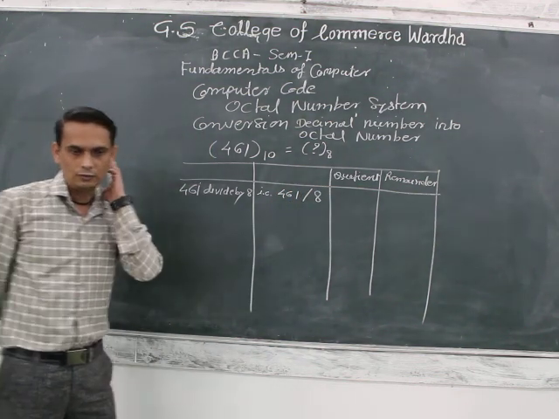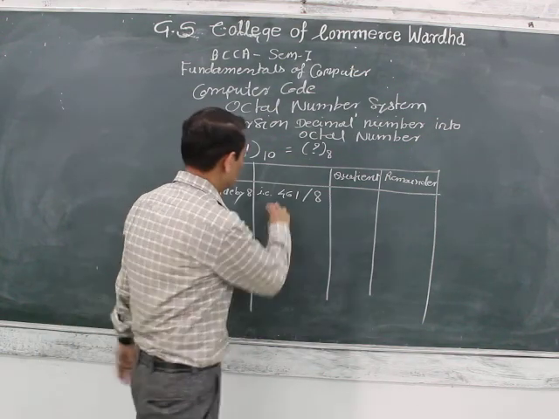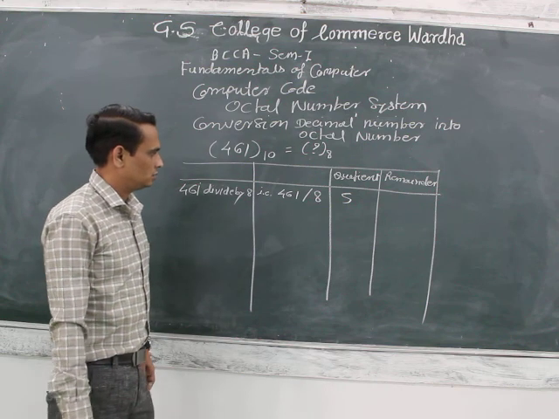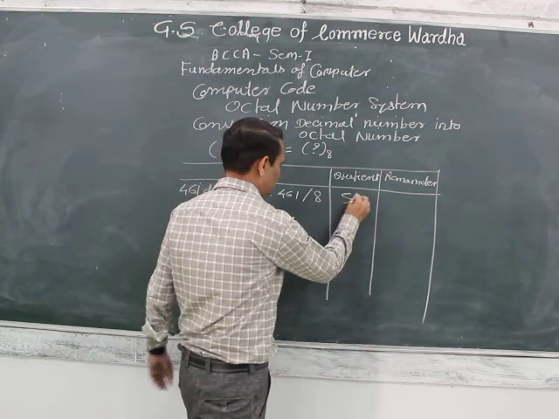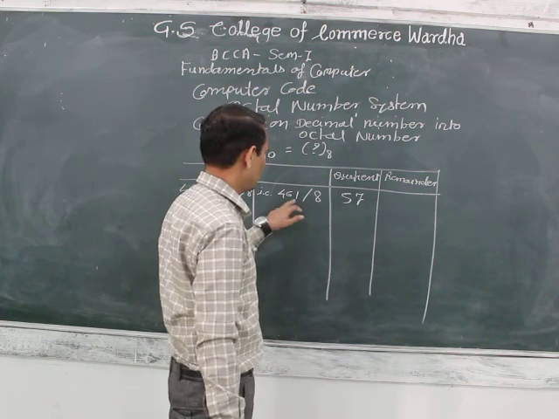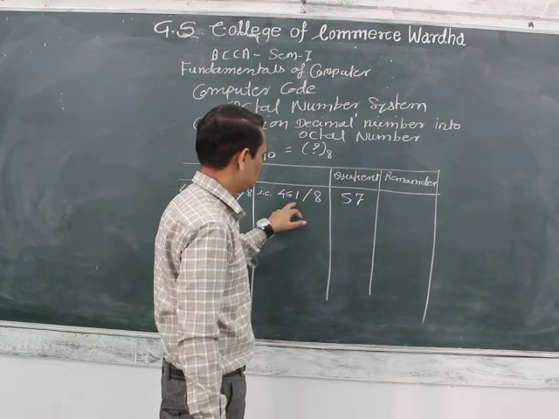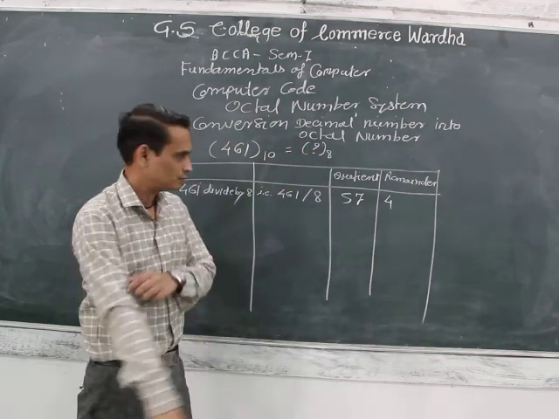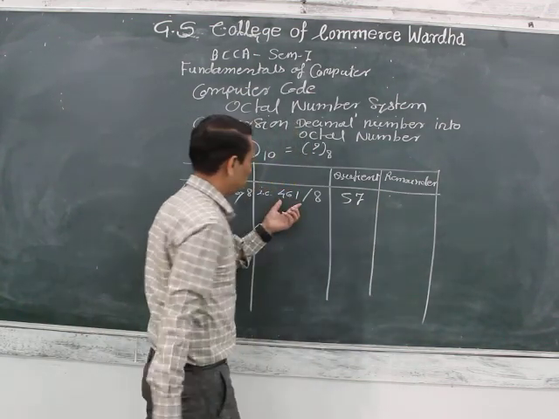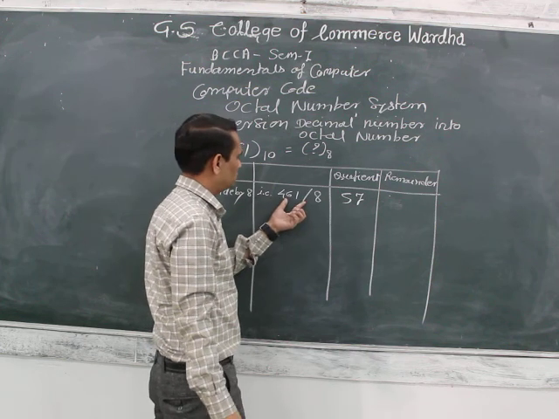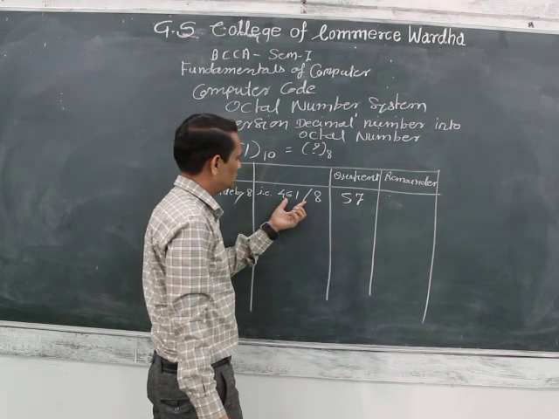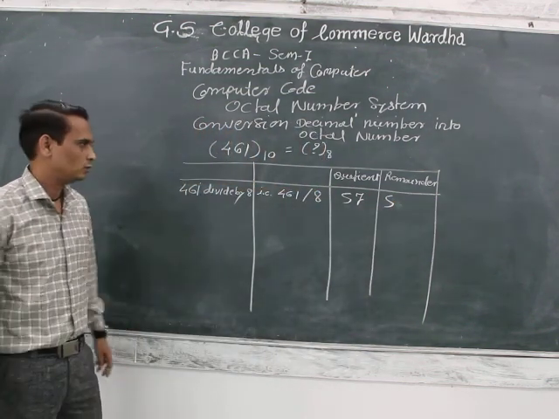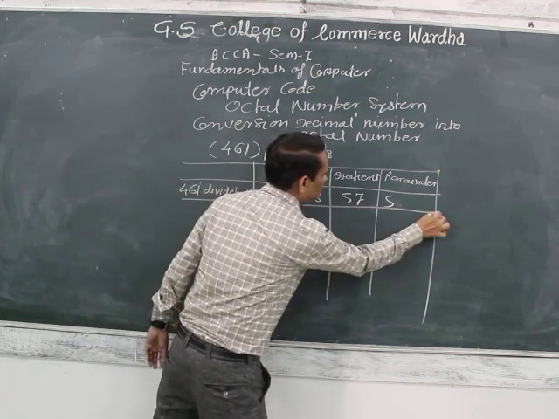The quotient value for this is 57. So the remainder is 5. So the first remainder is 5 and the quotient value is 57.